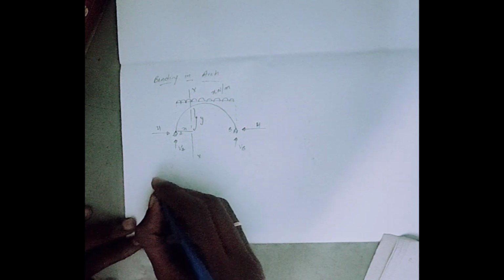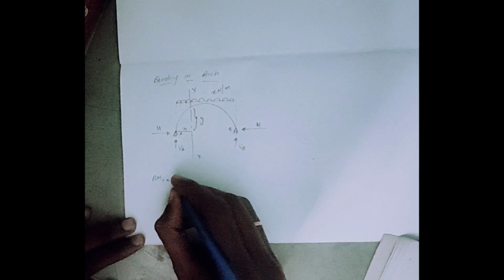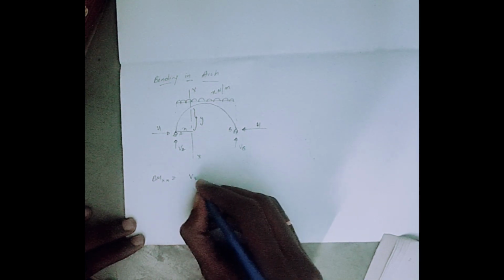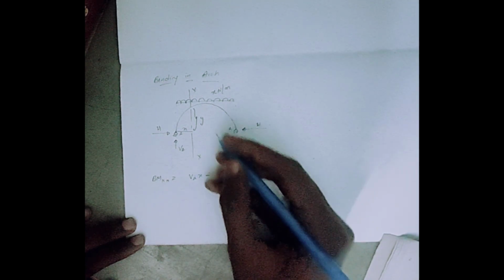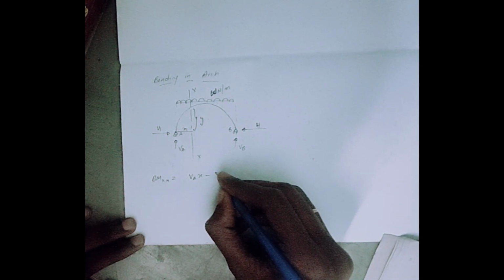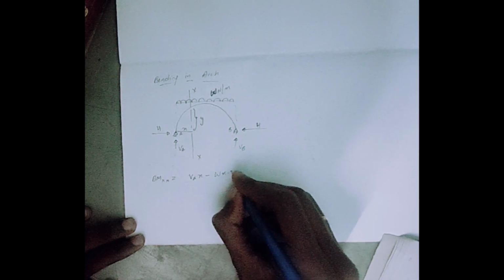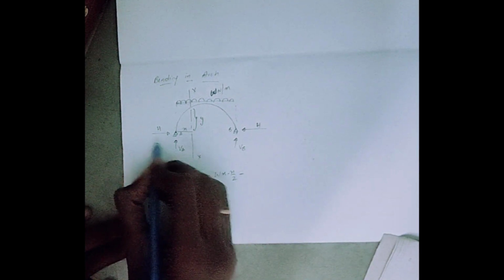So the bending moment at x will be VA into x minus W x into x by 2, minus H into y for this section.